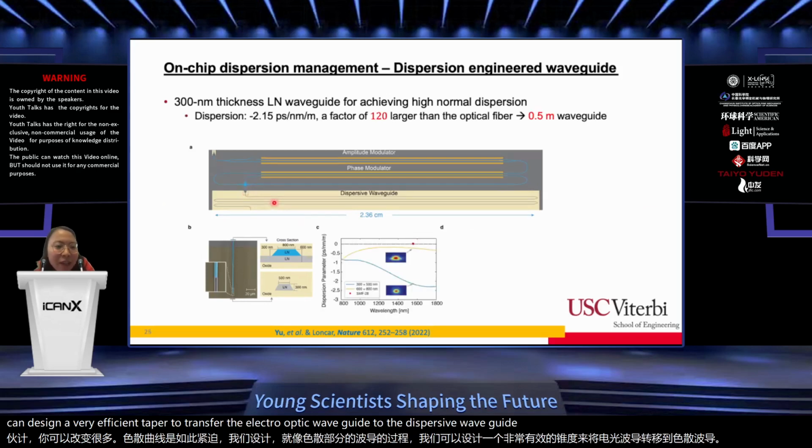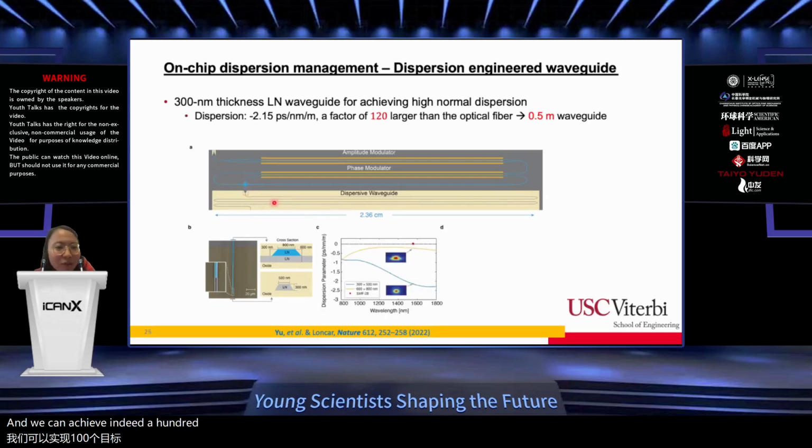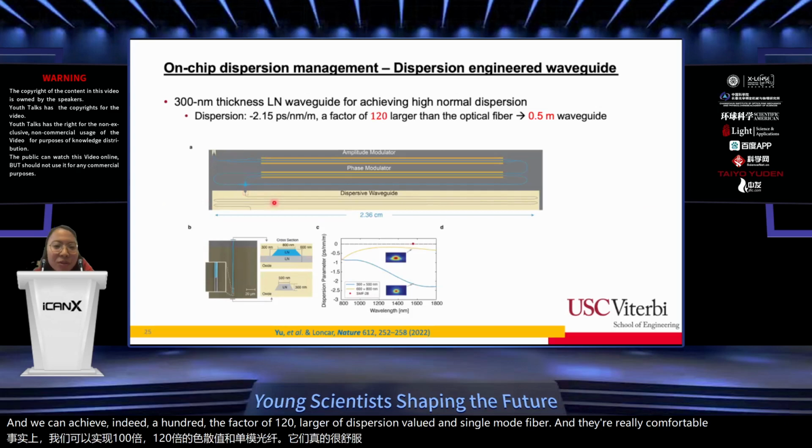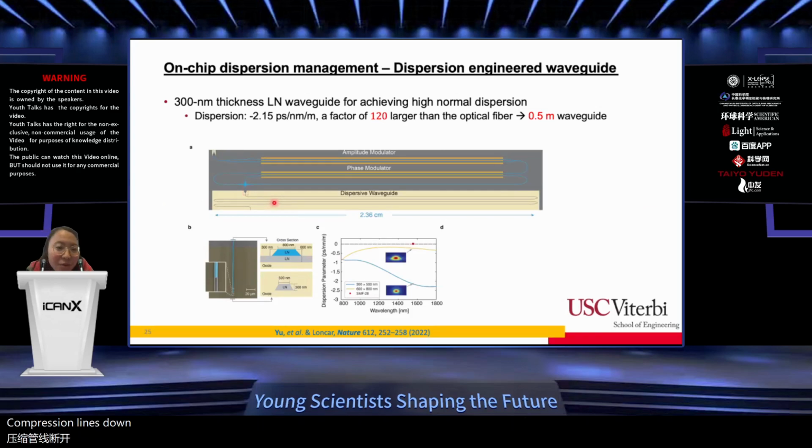We can indeed achieve a dispersion value a factor of 120 larger than single-mode fiber, and that converts to a required compression length down to 0.5 meters, which is within practical reach of integrated photonics.